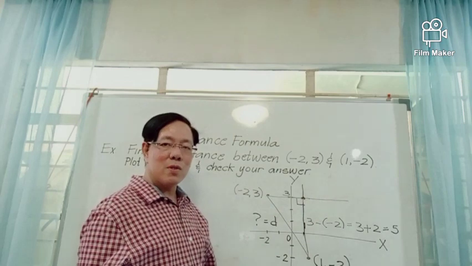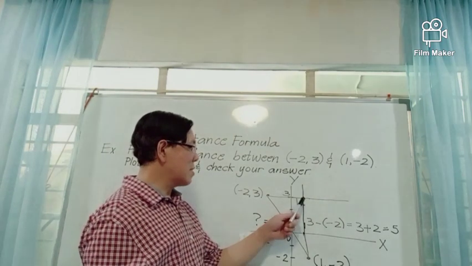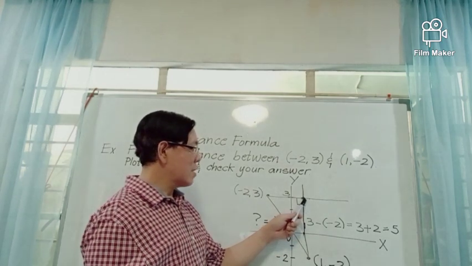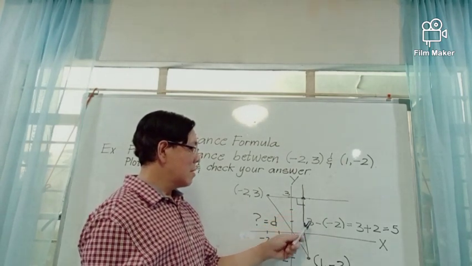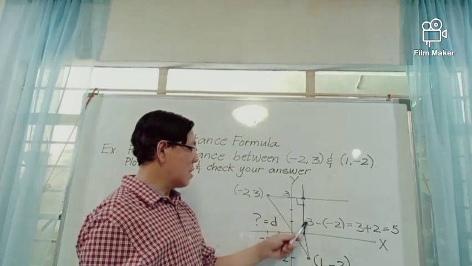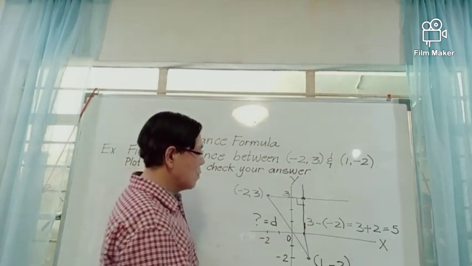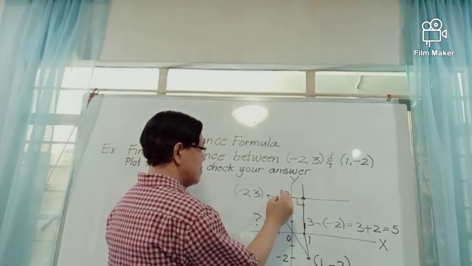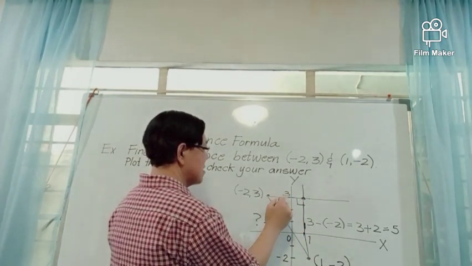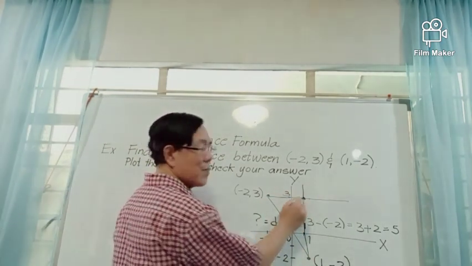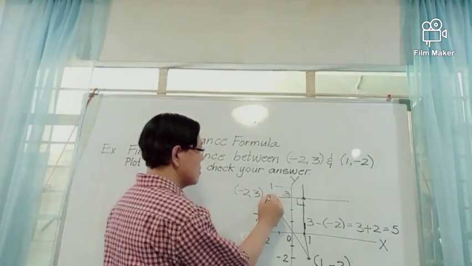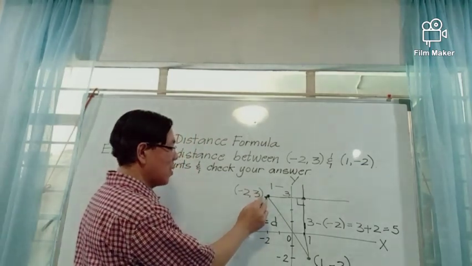And when you do that, you start with the abscissa of the point to the right. At this point, the abscissa is 1. So the length of this side of the right triangle is 1 minus the abscissa of this point.